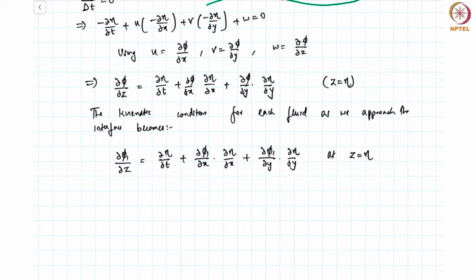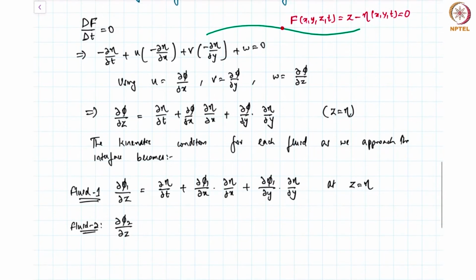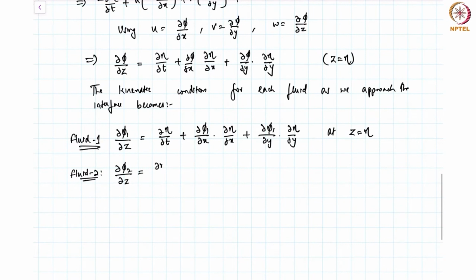This is for fluid 1. And the same condition also has to be applied for fluid 2. So fluid 1 and fluid 2, when you approach from the top or the bottom, arrive at the same point on the interface, again at z equals eta.